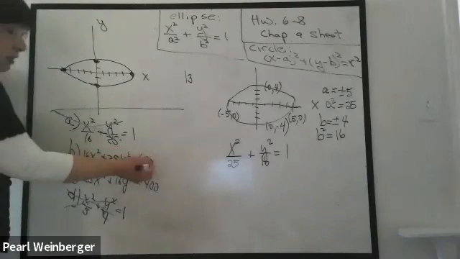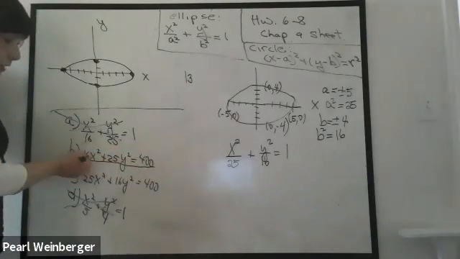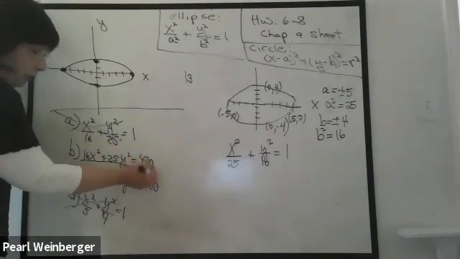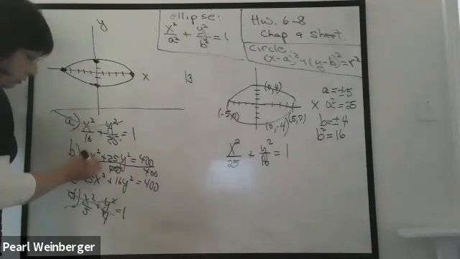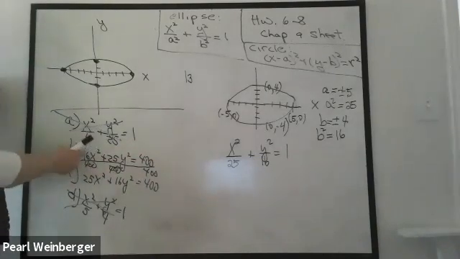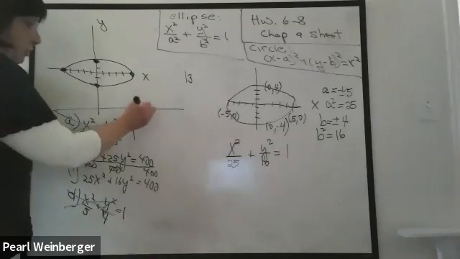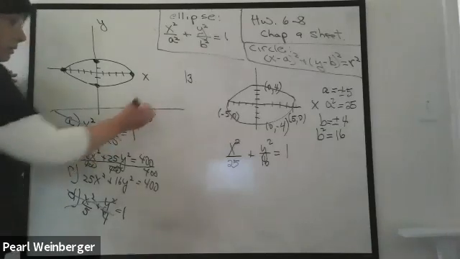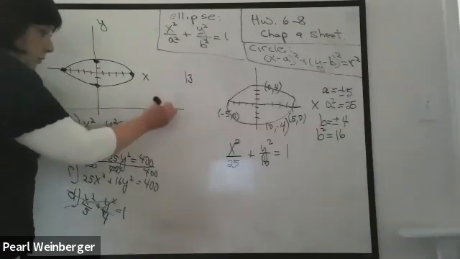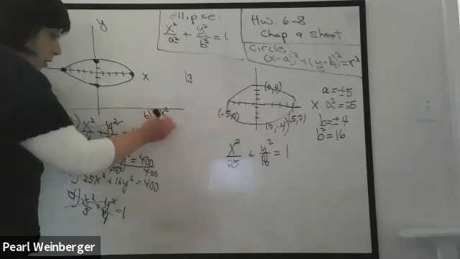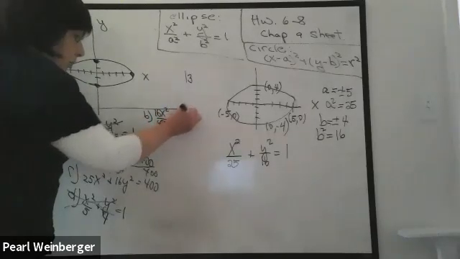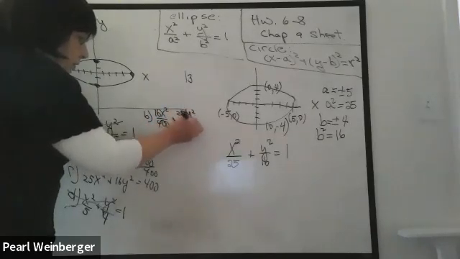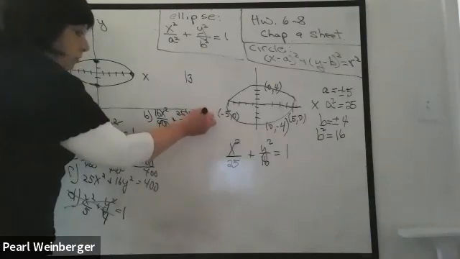How do we put this in standard format? Well, obviously here we have to divide everything by 400 because we have to get it equal to 1. So for choice B, we're getting 16x squared over 400 plus 25y squared over 400 equals 400 over 400.